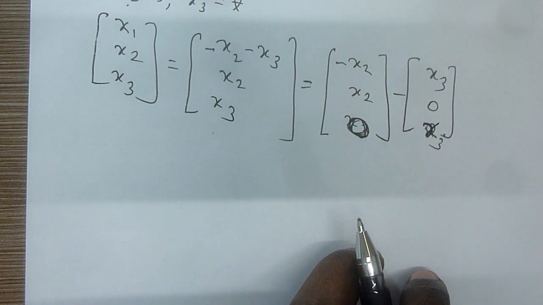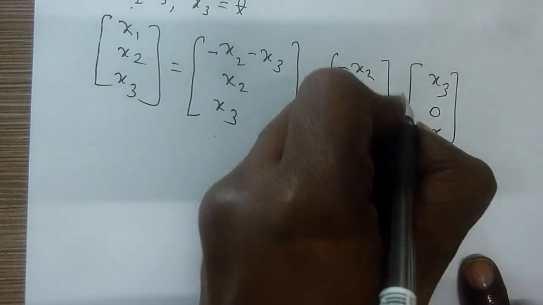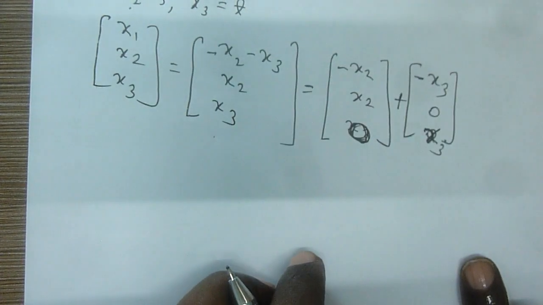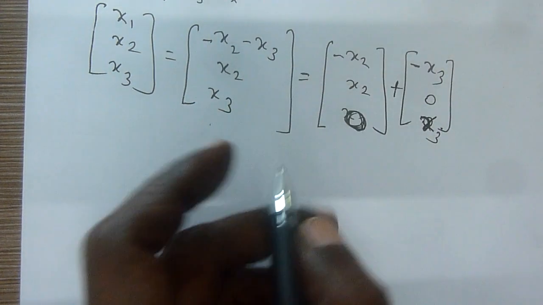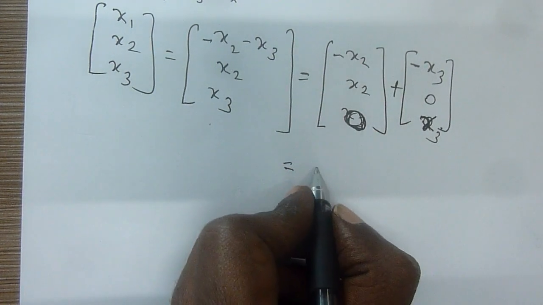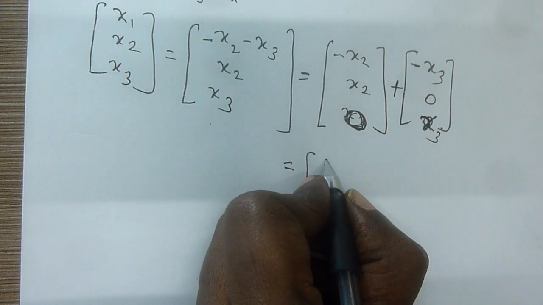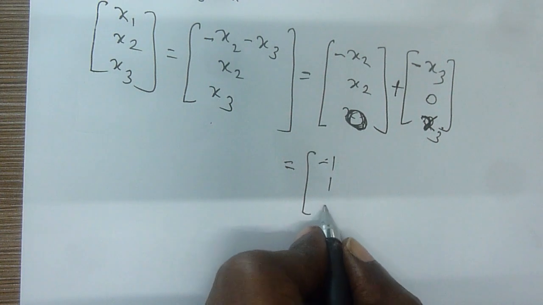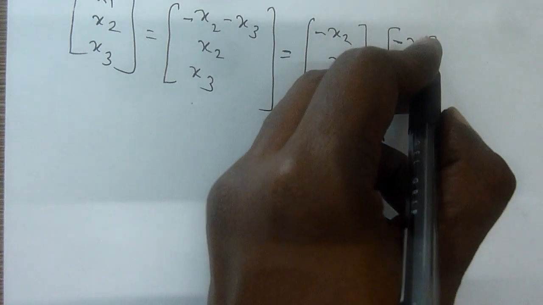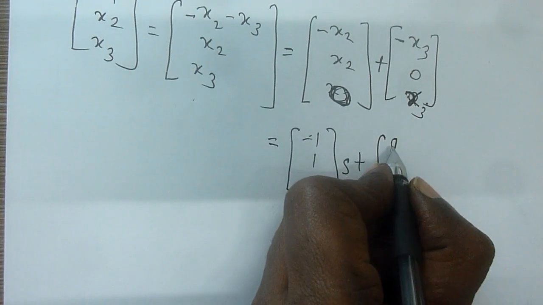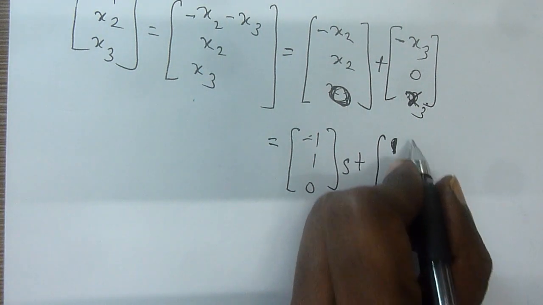Okay, still the same. Oh, you may say, sir, this is a negative. Now look at this one. Here x2 is negative 1 1 0 s plus this one x3 is t 1 0 1.